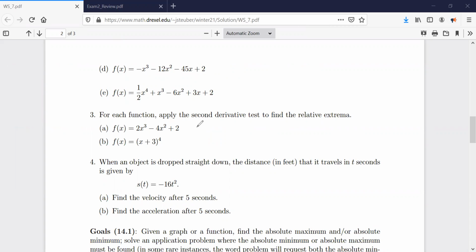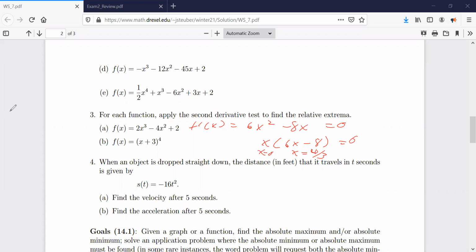So f prime of x is going to be equal to 6x squared minus 8x. And I have to set that guy equal to 0. So if I pull this out, then I get x times 6x minus 8 is equal to 0. And that's going to be x is equal to 4 over 3, or x is equal to 0.